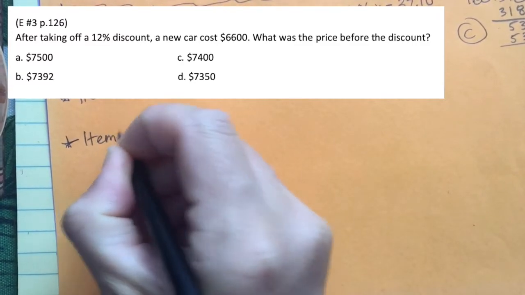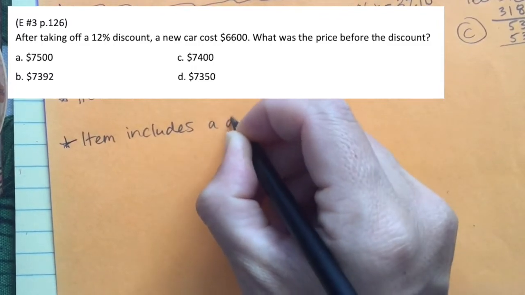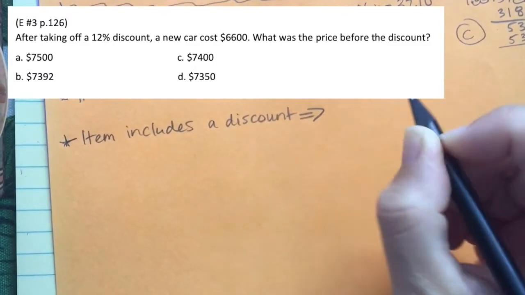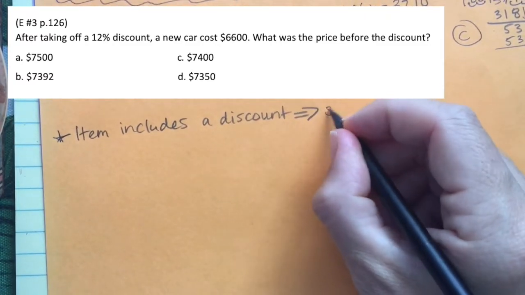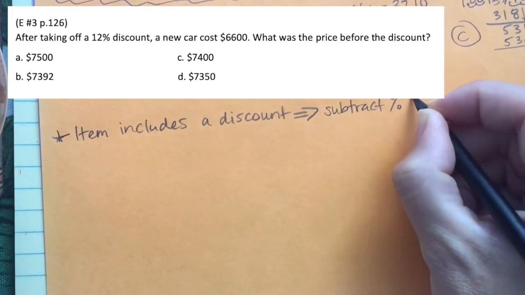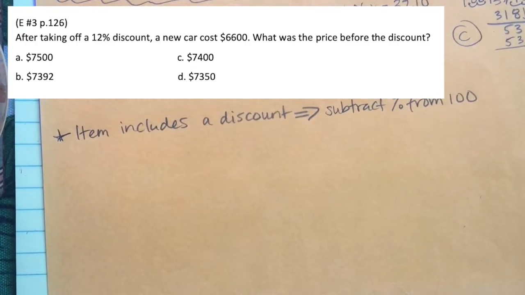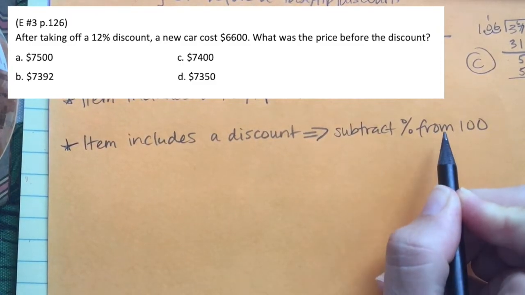If the item includes a discount, we're not going to add the percent to 100. We are going to subtract that percent from 100. Okay, so if an item includes a discount, we subtract the percent from 100.